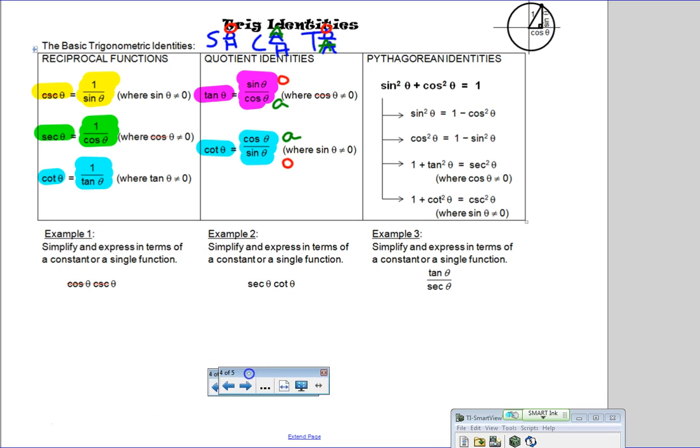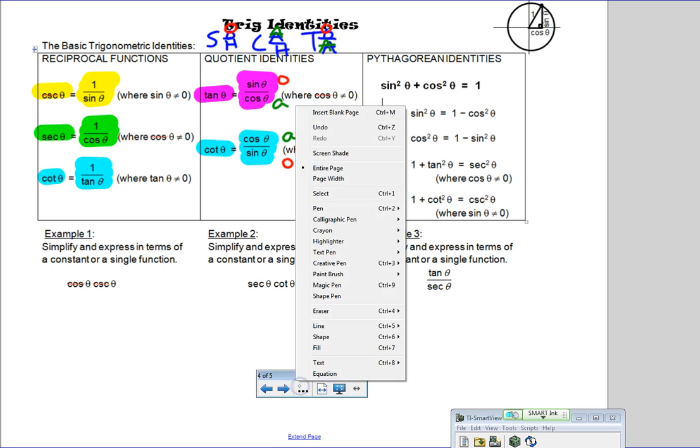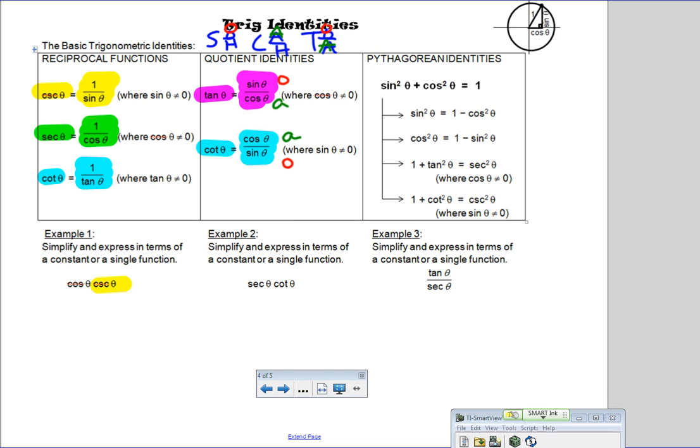So problem number 1, we have to break down cosine theta times cosecant theta. Regular cosine and sine are rock bottom. There is nothing more you can do with that one. So I'm just going to write that. Sine theta and cosine theta, just regular cosine and sine by itself, are rock bottom.